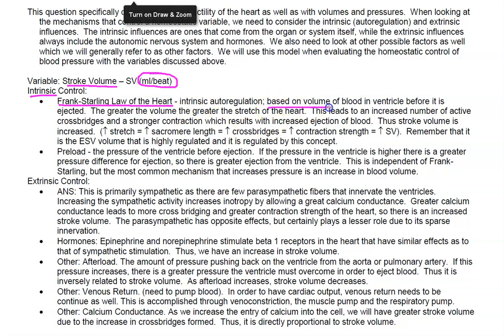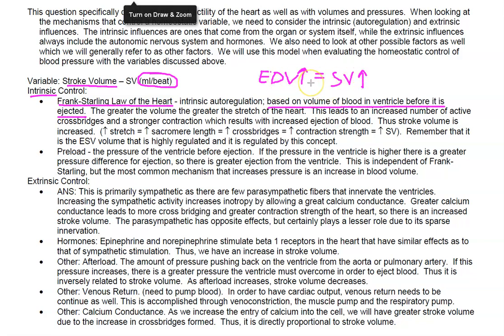So it's based on the volume of blood in the ventricle before it is ejected. So if you remember, that is known as the EDV for end diastolic volume. So if we increase the end diastolic volume, then we're going to increase stroke volume.